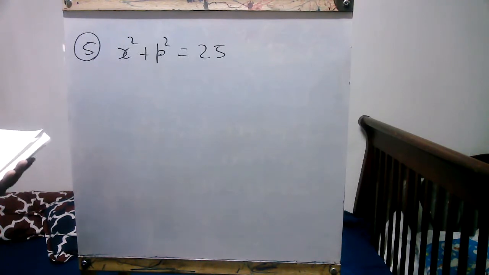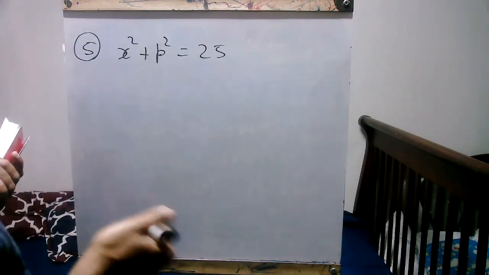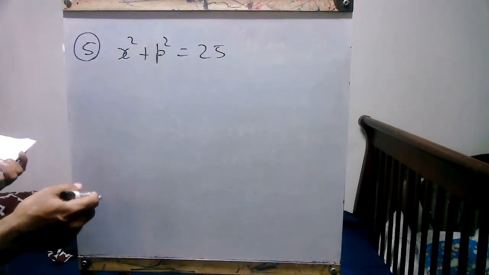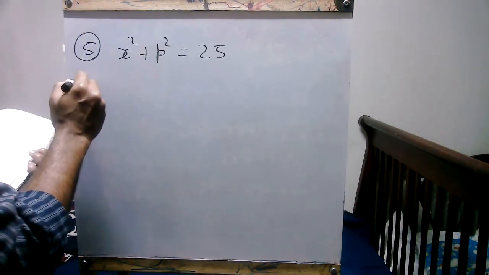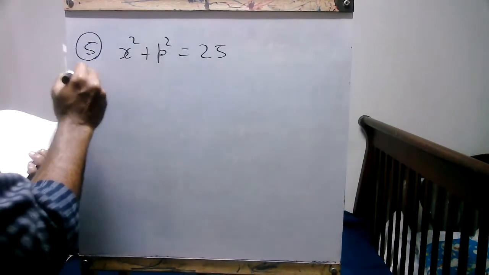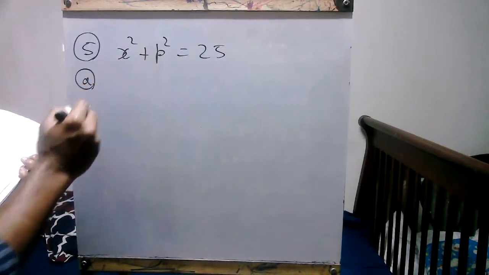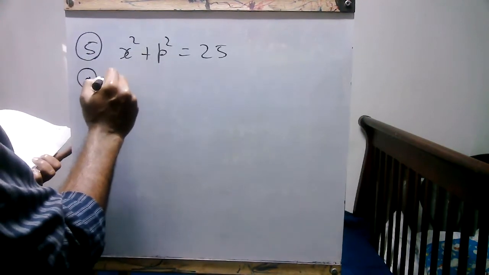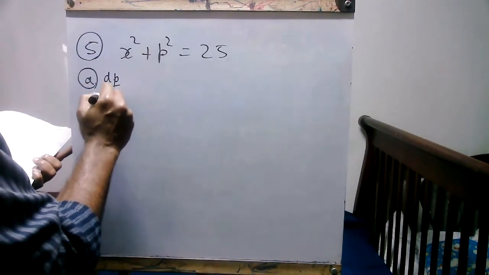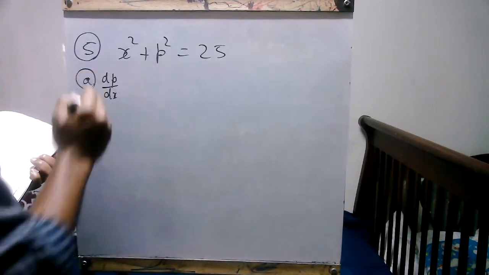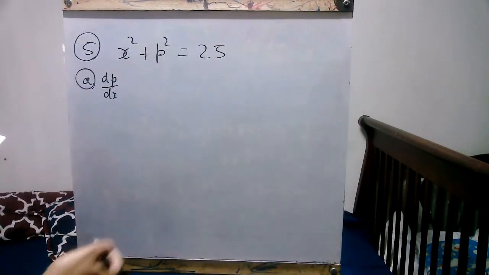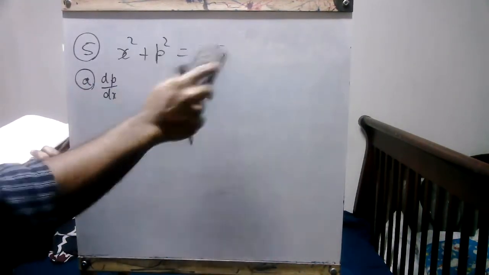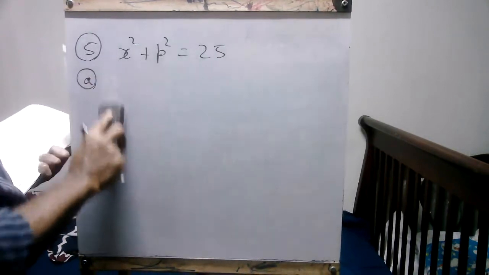Then find dp/dx. We want to find dp/dx. That's part A. For that, let's differentiate this equation with respect to x.